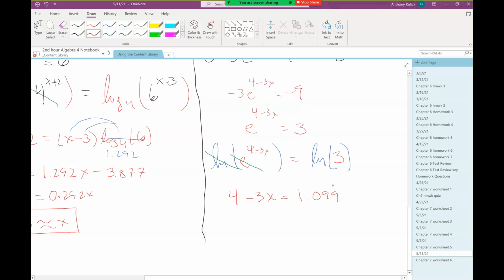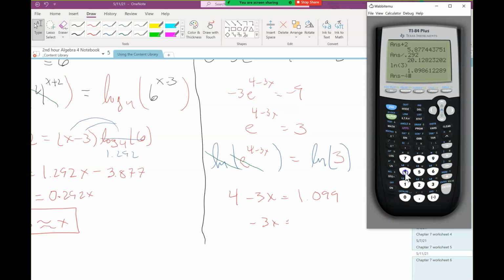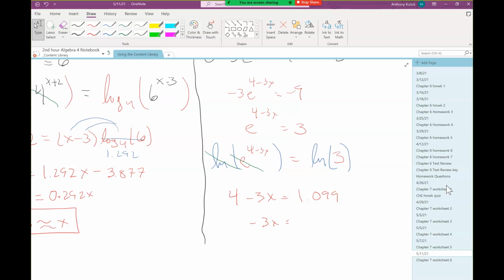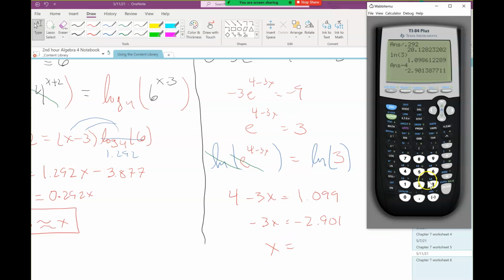And then I can subtract 4 from both sides, and use the calculator to do that because, yuck, too many decimal points for me to carry at this hour. Negative 2.901. And then we'll divide by negative 3. And I have 0.967.